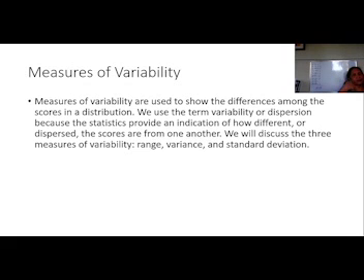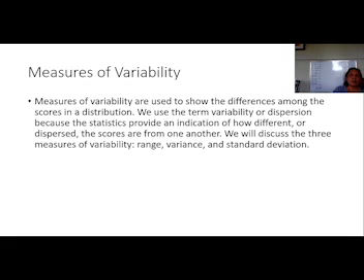The difference is 55. 55 is the range. But remember, the range only considers 2 points in the data set, the highest and the lowest. It doesn't tell you how the other scores between these two deviate from each other. That's why we need to look for either standard deviation or quartile deviation.